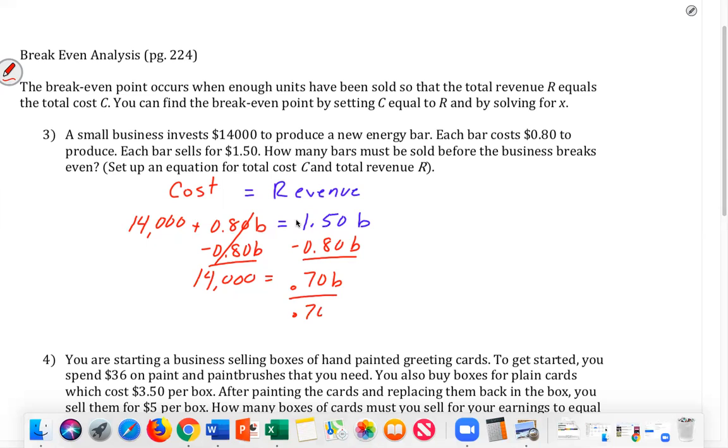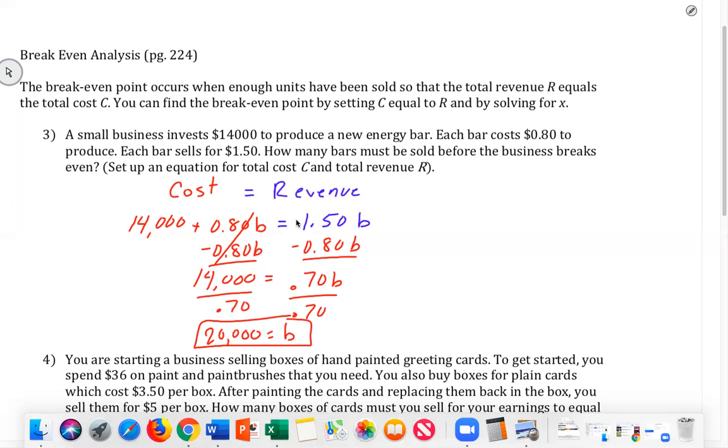Divide by that 0.7. All right, so this is where you need a calculator. We're going to get 20,000. So 20,000 bars is what I have to sell.